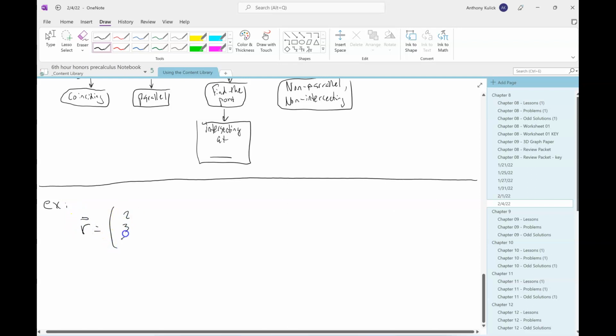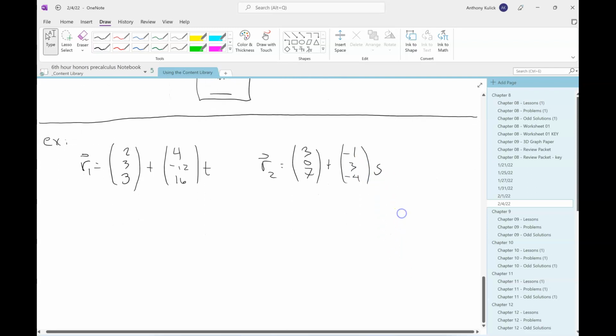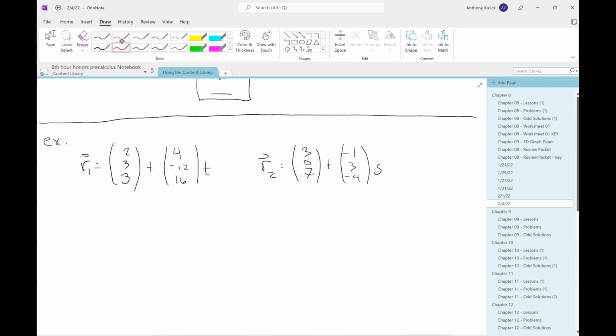The direction would be to determine the relationship for the lines, and if there's an intersection, to find that point of intersection.